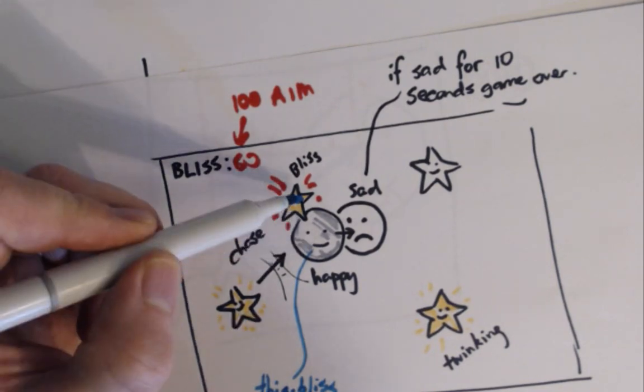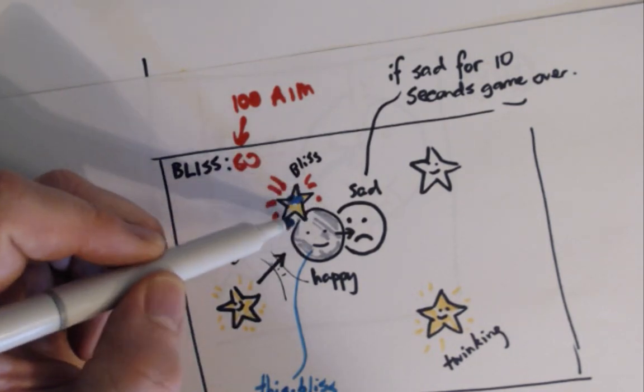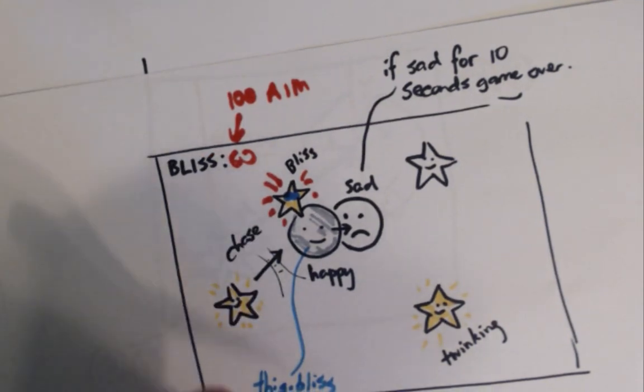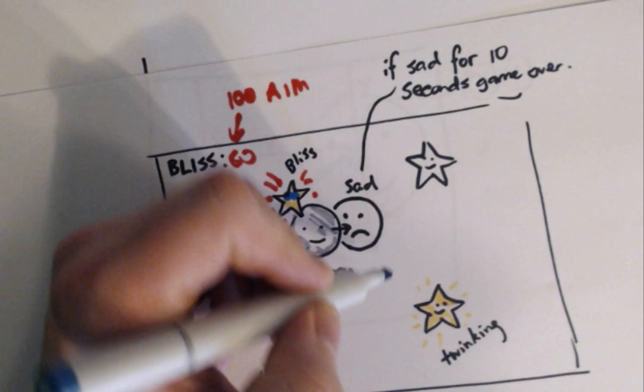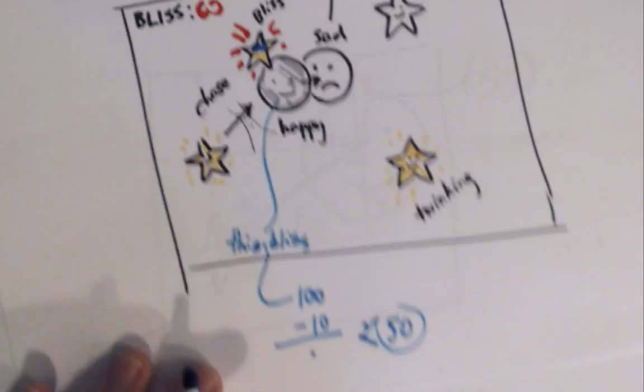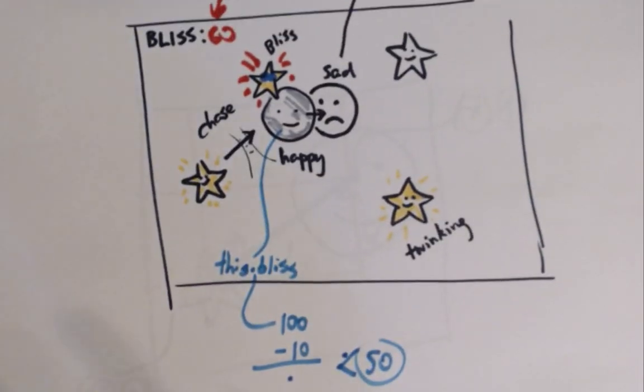And each time one of these stars touches the moon and becomes blissful, it's reducing that by some amount, like it's reducing it by 10. And if the moon's bliss gets below 50, let's say, then it's going to be sad.